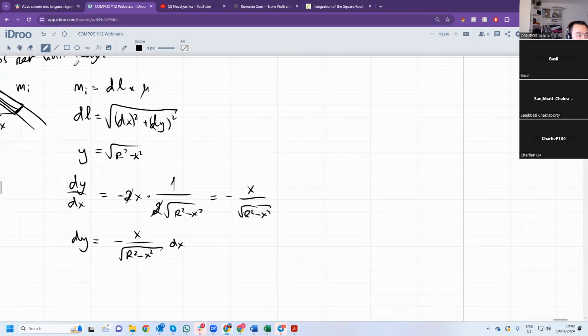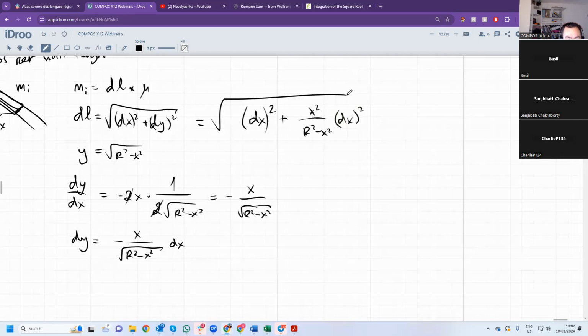We use this to find dl. dl is the square root of dx squared plus x squared over r squared minus x squared, dx squared. I'm going to speed up a bit because I want to do the next problem, which is more exciting. I take dx squared out, so I'm left with 1 plus x squared over r squared minus x squared.